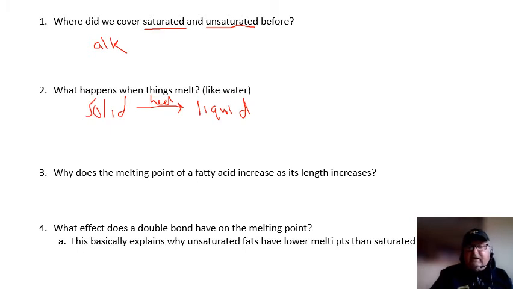Okay, and we're going to talk about that now in terms of fats, because fats can be solids or they can be liquids, and we'll talk about their transition. Why are some fats easier to turn into liquids when they're solids, and some are harder? The key thing, as I went over in the videos, is that longer chain fatty acids have a high melting point.